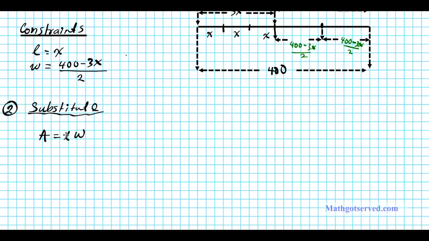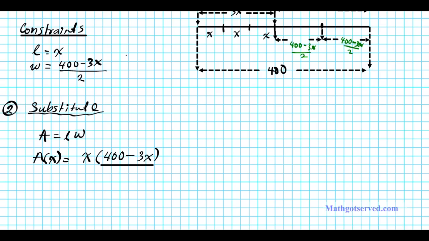We can substitute these two values here. So our area in terms of just the variable x is x times (400 minus 3x), divided by 2.